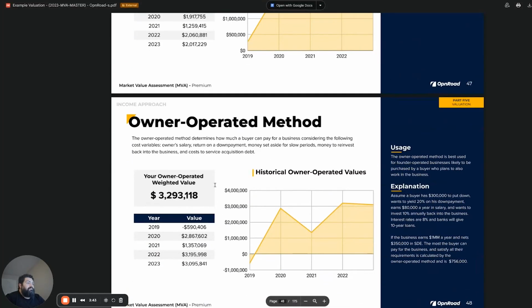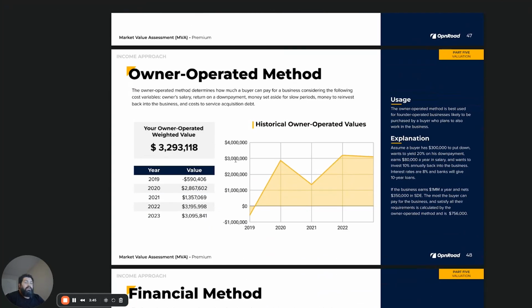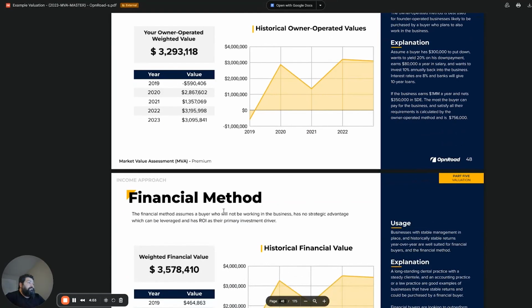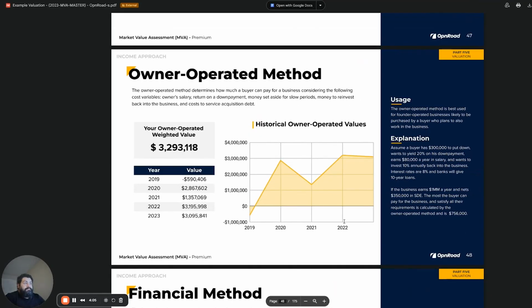Owner-operated method is the same sort of thing. The owner is going to have to pay himself a salary, get a return on the capital he deploys, and there has to be enough for growth and some profit margin of safety. And it's got to service the debt.